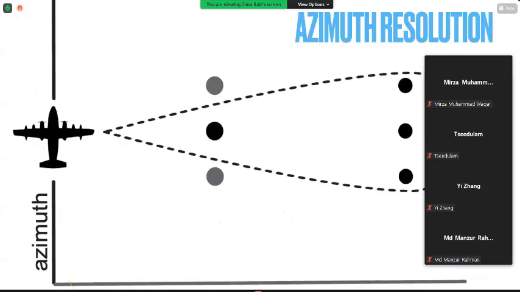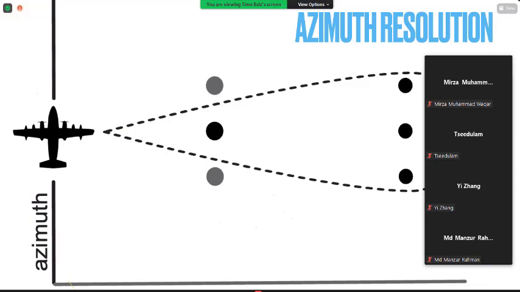Now in azimuth direction, we can separate the objects if they are not in the same radar lobe. The radar itself is not like a laser. It's not like a small beam. It's actually a rather large lobe. We can't really make that very, very small. We'll discuss that soon.